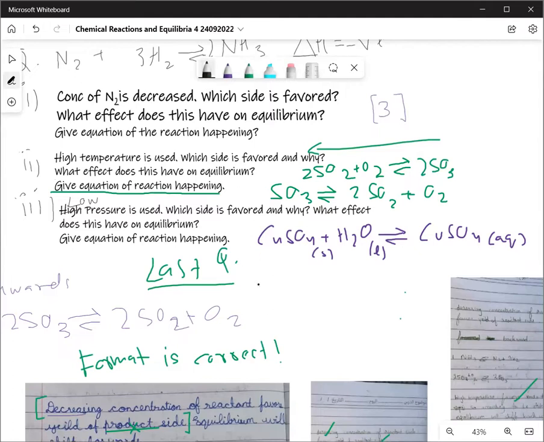His full name is Henry Louis Le Chatelier. Le Chatelier is better. You don't have to write the full name. Just write Le Chatelier. He made all of this.